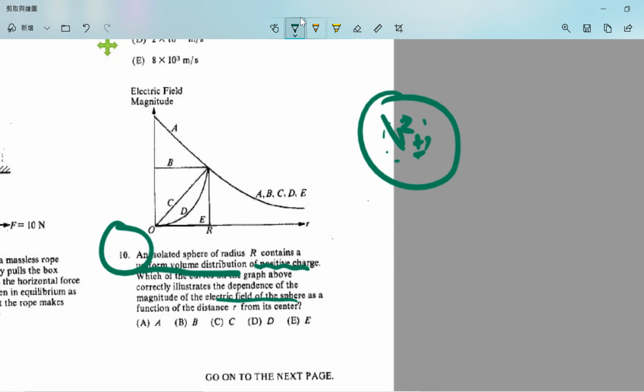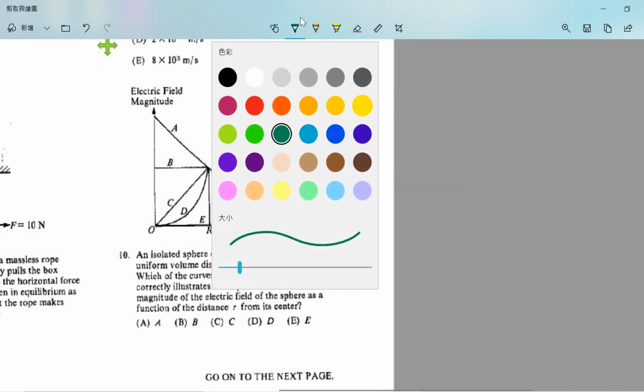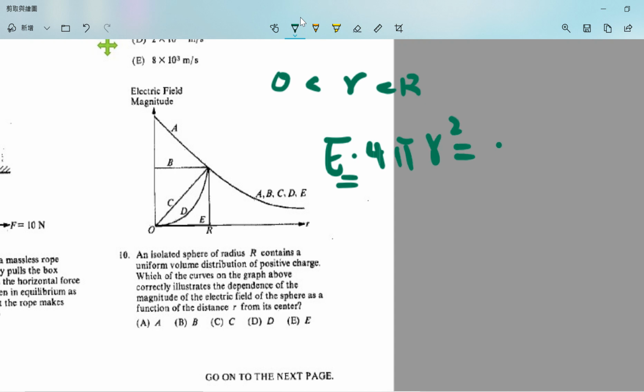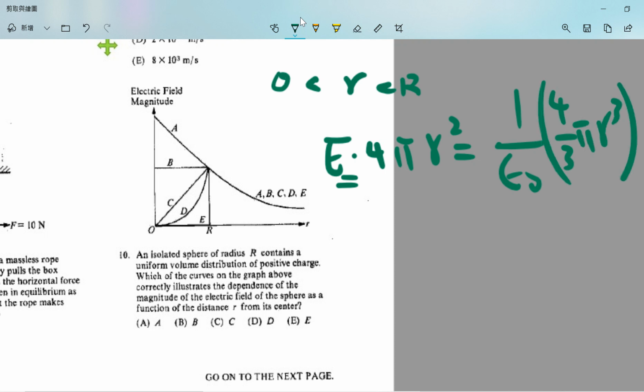And what do we do? We use Gauss's law. When r is inside R, we have the electric field times 4 pi r squared equals 1 over epsilon naught times the volume times the density, which is constant.